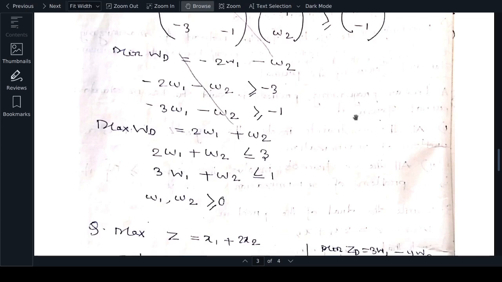When we write its dual, the objective function will be maximization.